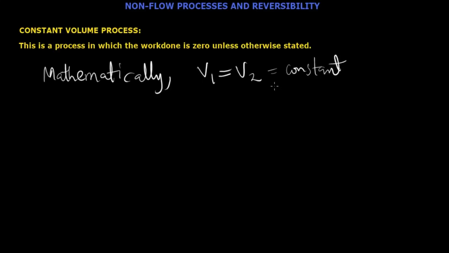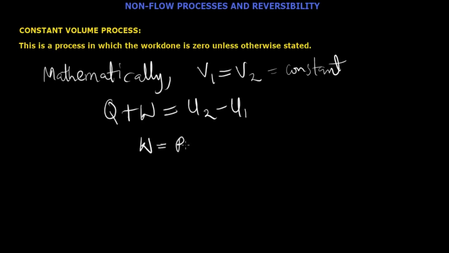Now, from the first law, we know that Q plus W is equal to U2 minus U1, and that W is equal to minus P dV, because we are using Q plus W. So finally, work done is P times (V1 minus V2), which is 0 if V1 is equal to V2.